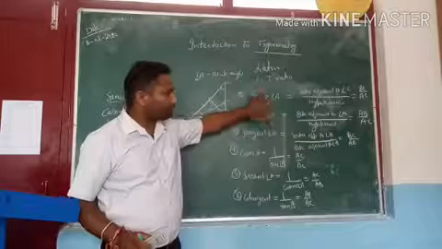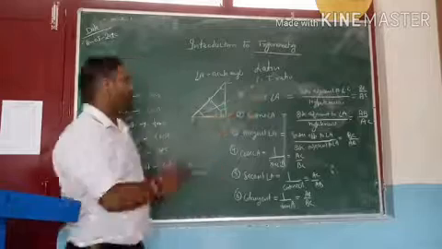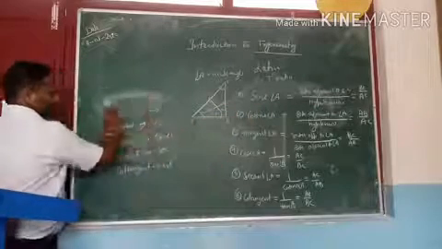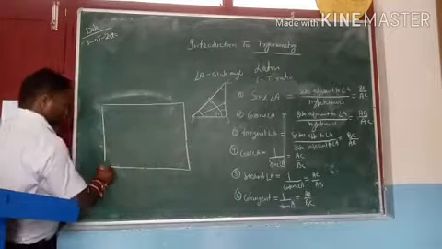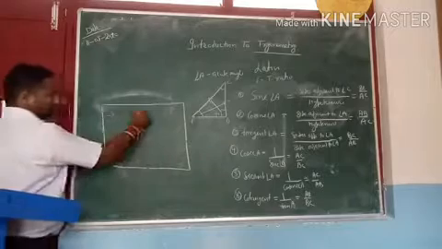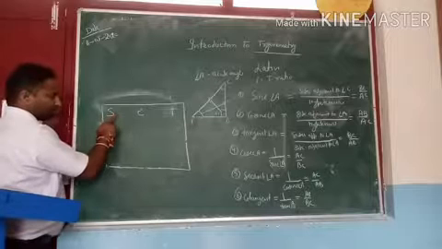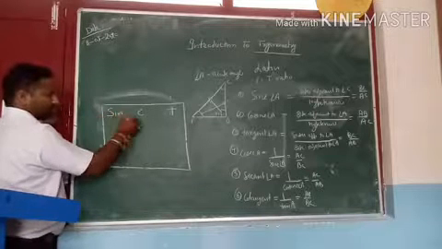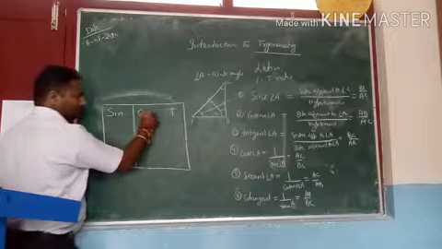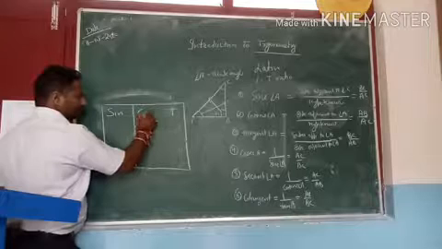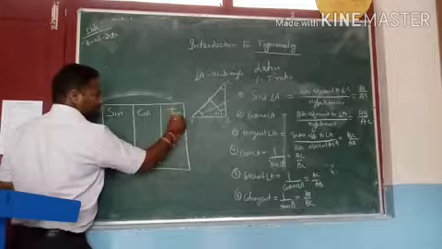If you are able to learn the formula this way, then it is very good. If not, then there is a shortcut formula for this. You can write Sona, Chandi, Tul. S means sine, C means cos, and T means tangent.